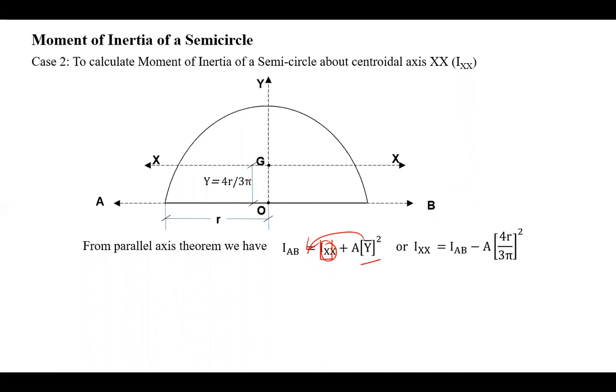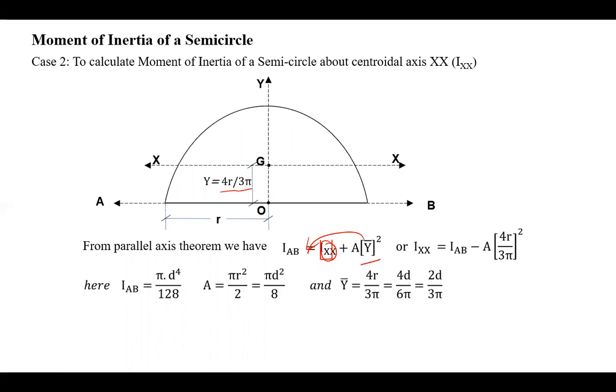Y bar in case of a semicircle, we know very clearly, is 4r by 3 pi. Substitute that 4r by 3 pi, the whole square. And we have IAB equal to pi d to the power 4 by 128, and the area of the semicircle is pi r square by 2 or pi d square by 8. Just substitute these terms in this equation.